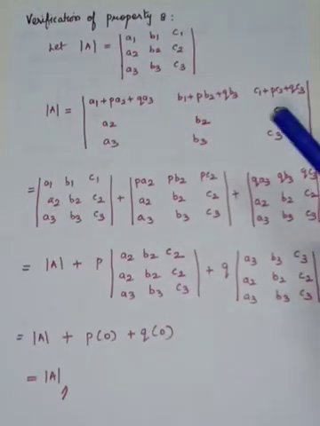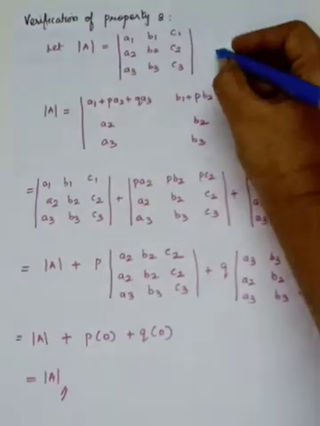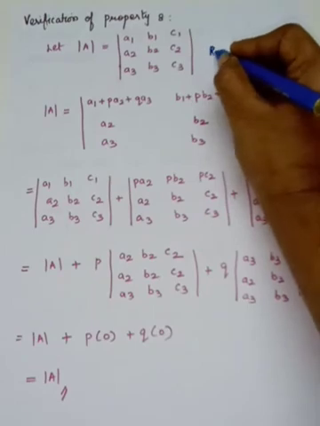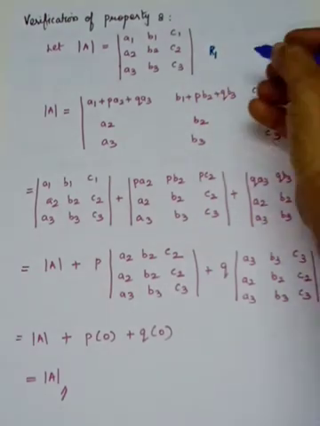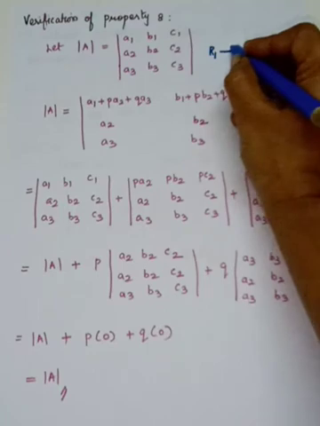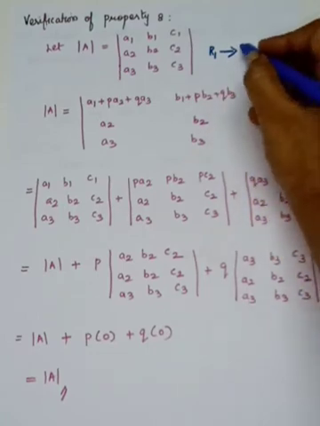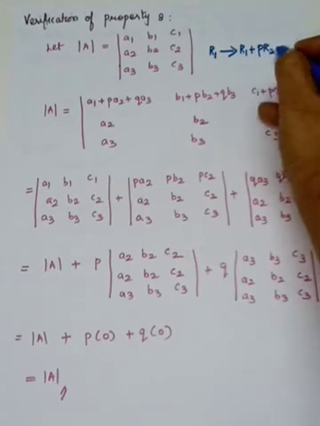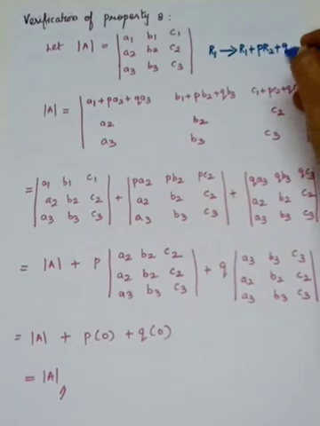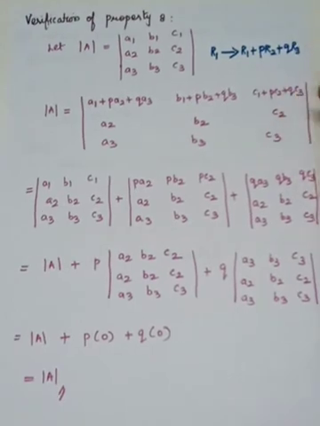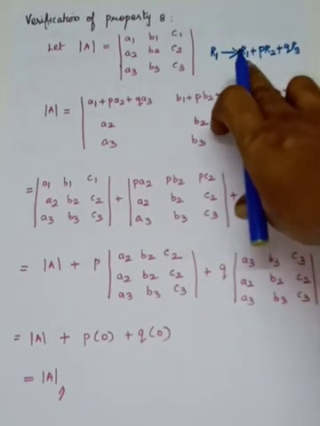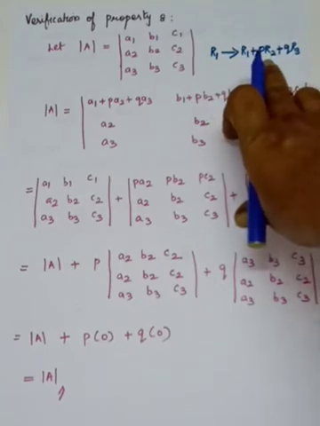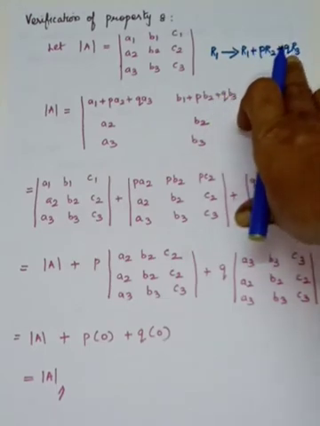You see now here, what I did, I am going to make a change in R1. So how does this R1 have to be changed? R1 is added with PR2 plus QR3. That means this R1 has to be added with PR2 plus QR3.